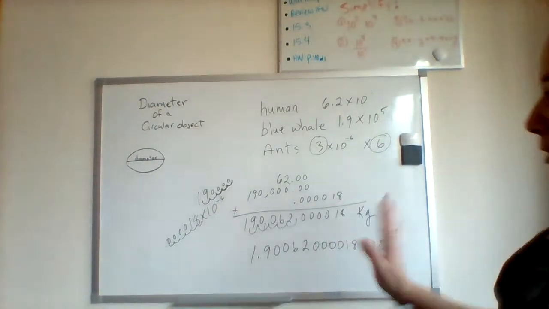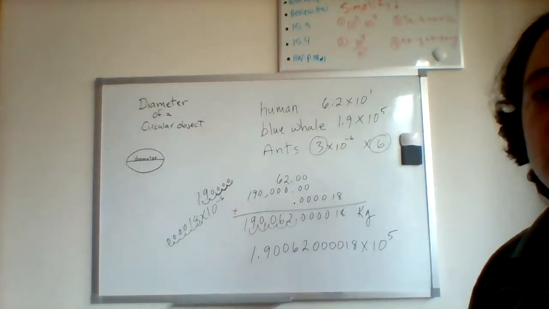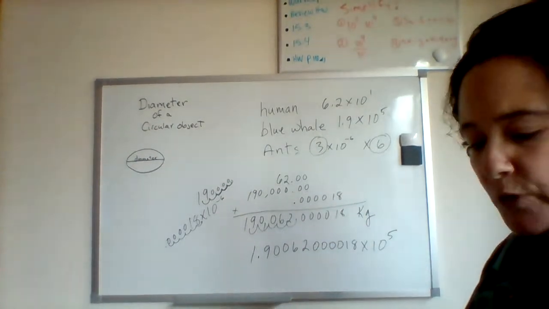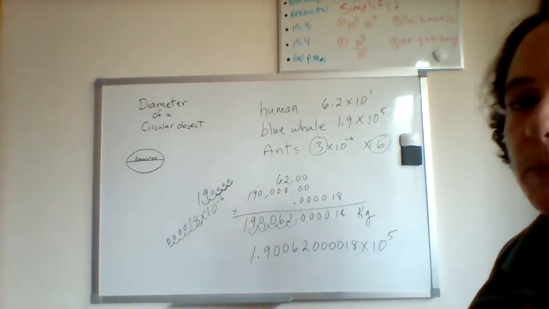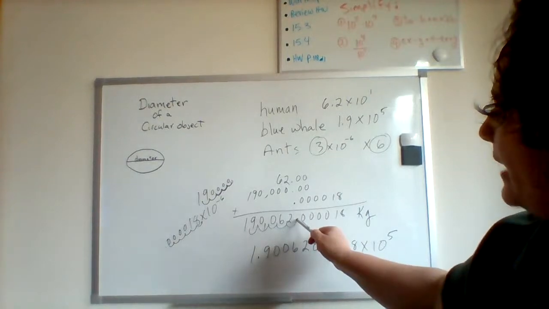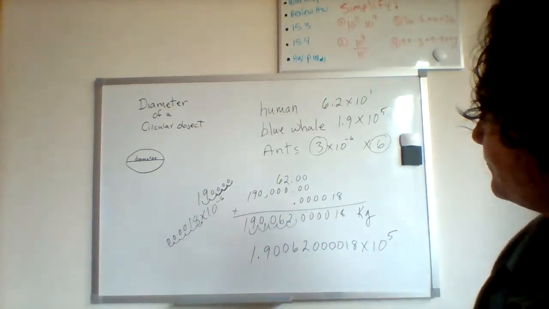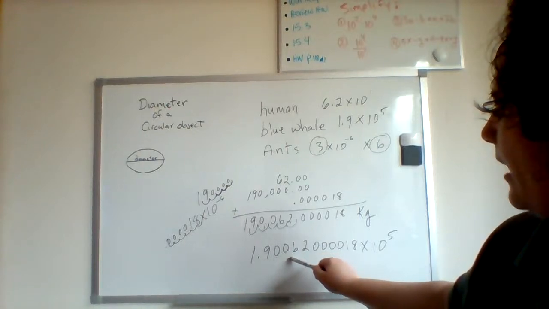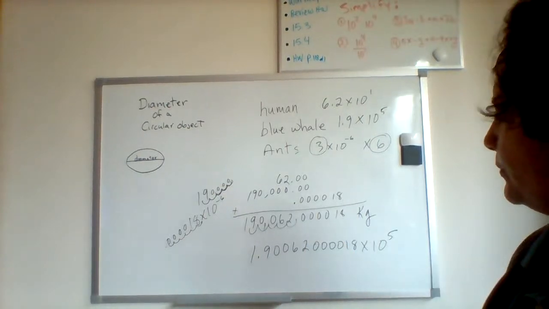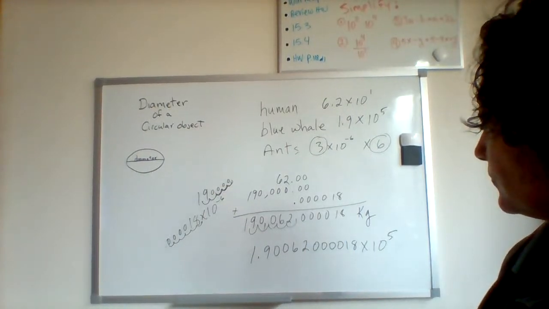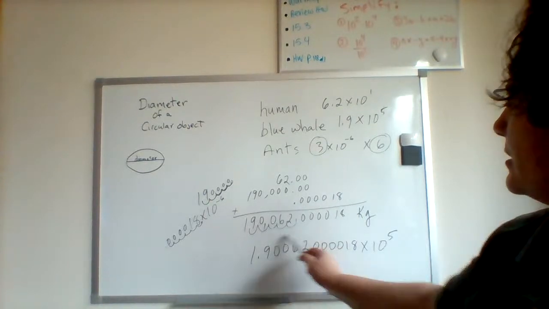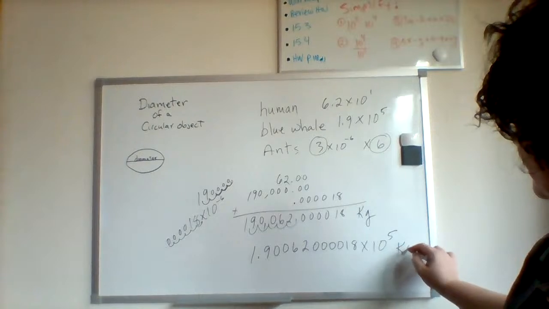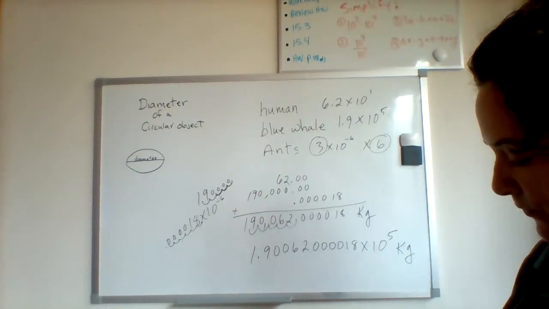Okay, so that was the answer, right? That 190,062 kilograms with the 0.000018, right? However, if you were going to be putting it in scientific notation, I had to move it 5 spaces. And I need it, if I multiplied it out, to be right there after the 2. So this is the answer in scientific notation. And it's still kilograms. So don't forget that.